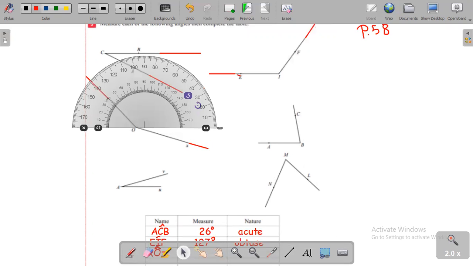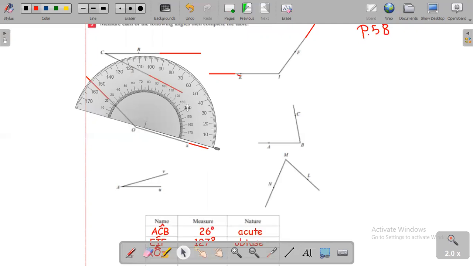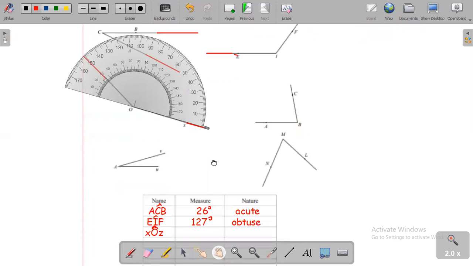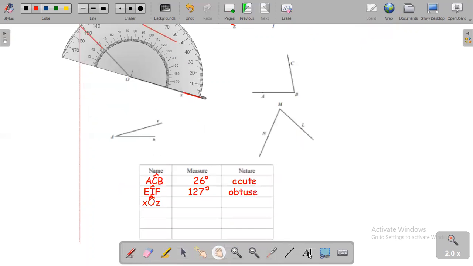Let's put it on OX. And we put the middle of the protractor at the vertex O. Now we look at the numbers starting from 0. So we look at these numbers and we see the other arm is at which measure? It is 150 degrees. So let's write the measure. The measure is 150 degrees.